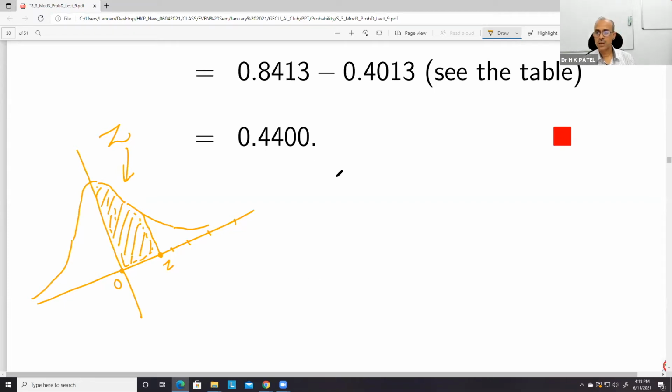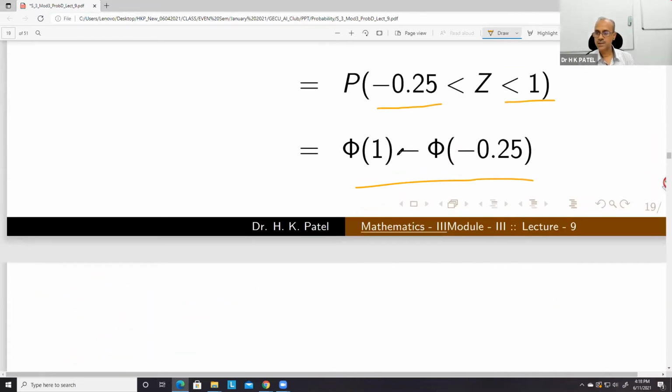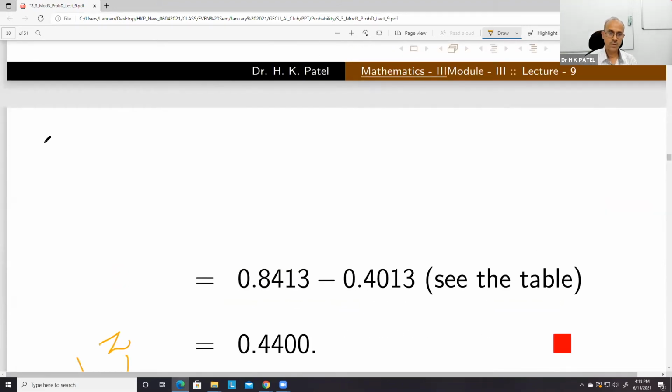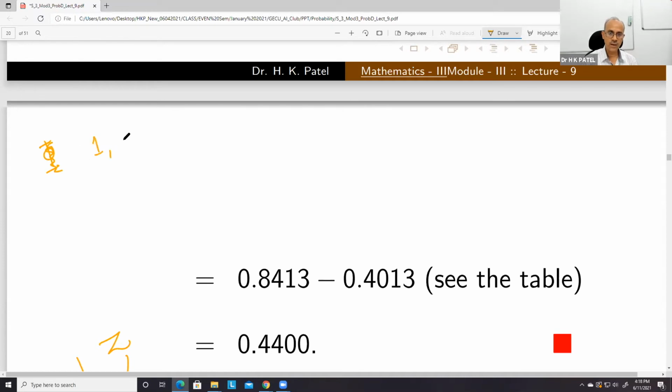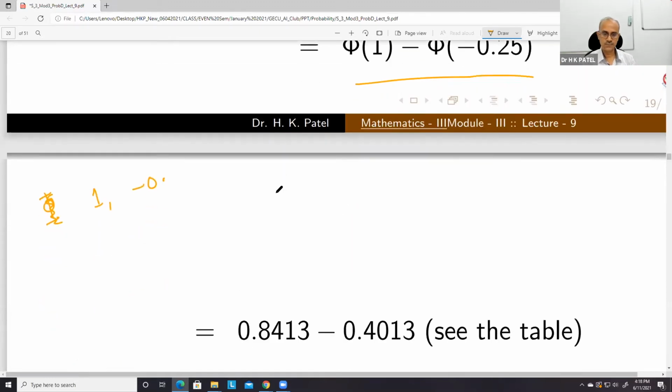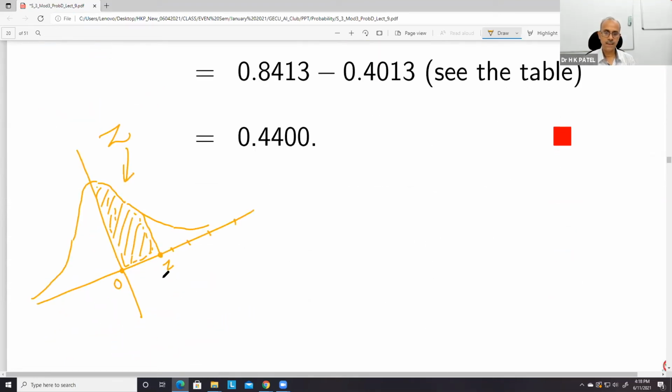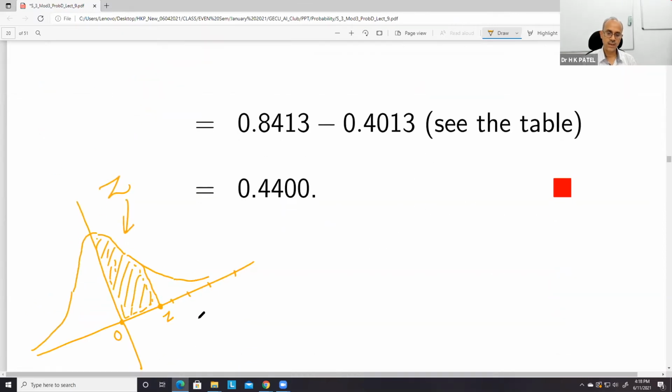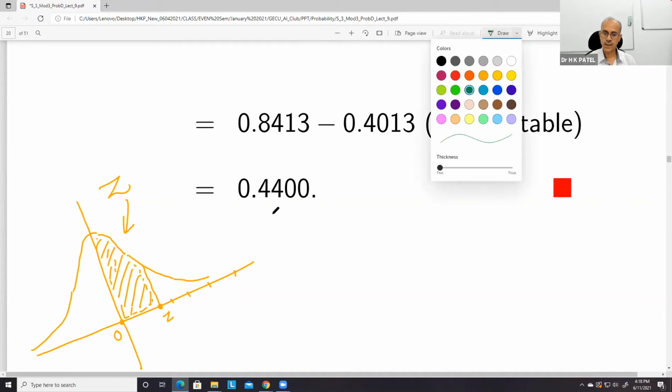So let us see this. This is phi of 1 and minus 0.25. What we have? So I should not use phi actually. 1 and minus 0.25. So these values we get. Okay, where in the z table? So 1 is there somewhere. Let me write this.